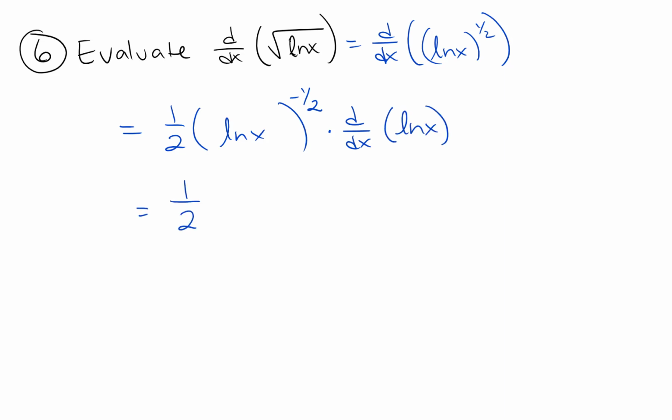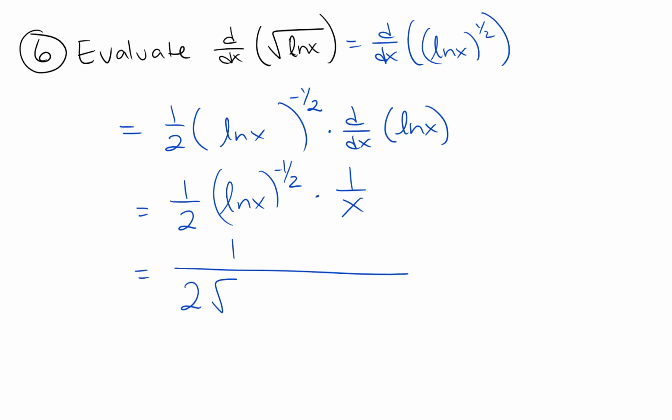So evaluating that derivative and simplifying things a little bit. Everything can be moved into the denominator here. So that negative 1/2 power on that natural log, 1/2 power of course being the square root, and it's negative, so I moved it down into the denominator.